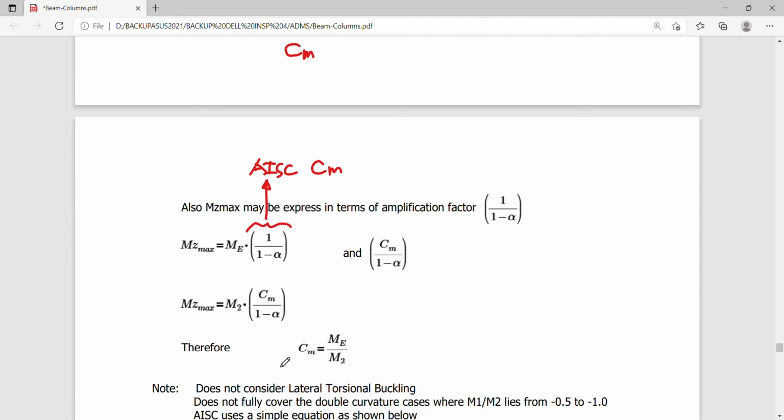Okay, so these two are again equated such that the relationship between ME and M2 simply falls on the variable Cm such that Cm is simply the ratio between the equivalent end moments, equal end moments, divided by the original moment, which is always the greater moment at the ends.